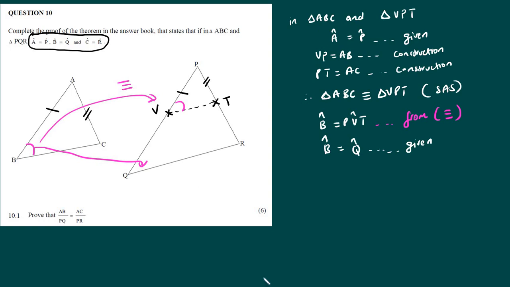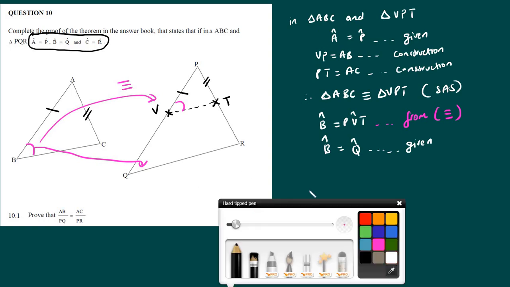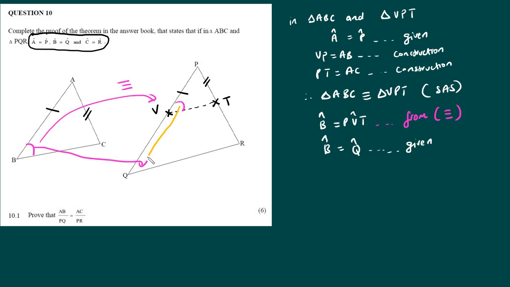Then you can say therefore these two must be equal. Remember our arrows, it means these two must be equal. So you say therefore angle PVT must be equal to angle Q. You can even tell them that it's because both are equal to angle B, the one where the lines are coming from.